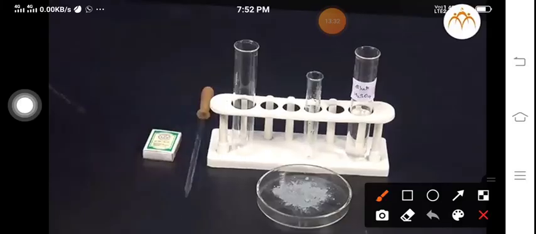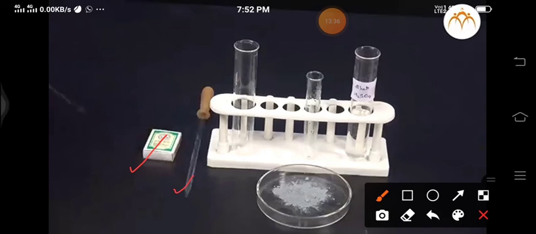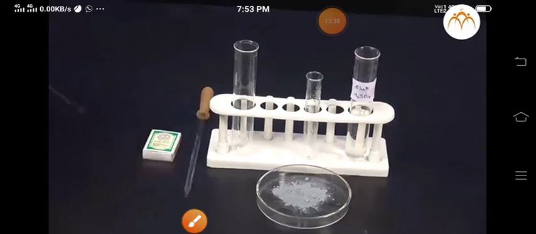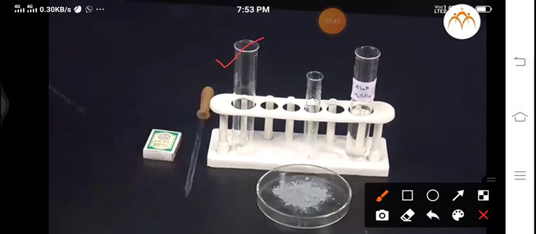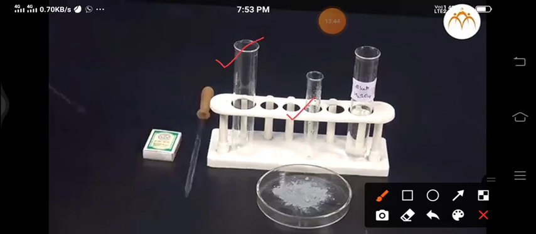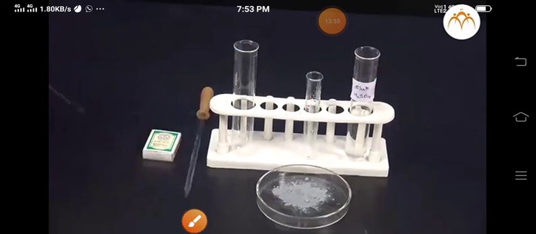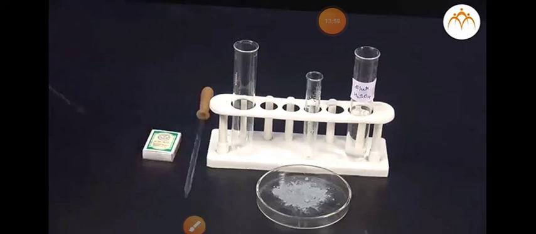Apparatus: matchstick, a hard test tube, another test tube with dilute H2SO4 solution, and this is zinc powder or dust we can say. Now we will take this zinc powder in a test tube, which is a hard test tube.